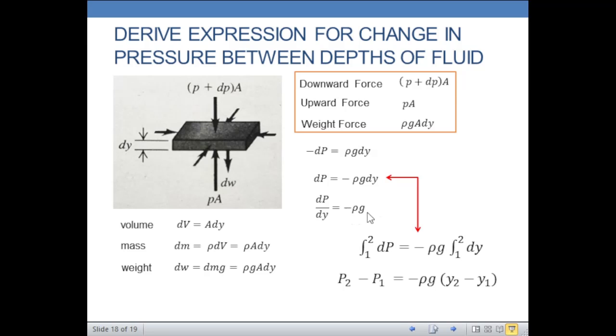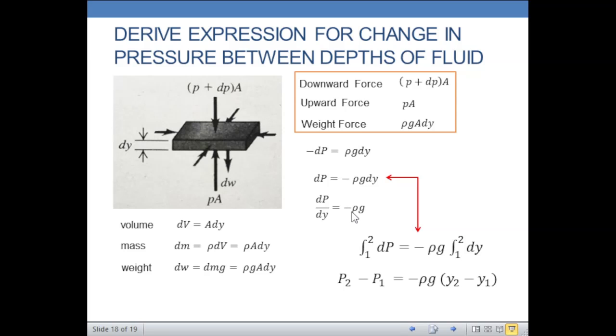If we are going to describe these quantities, we can use dP over dy, meaning in every change of elevation in the fluid at rest, the pressure is changing. That is the meaning of this expression, the differential of dP and dy. So we have P sub 2 minus P sub 1 equal to negative density times gravity times the change of elevation.